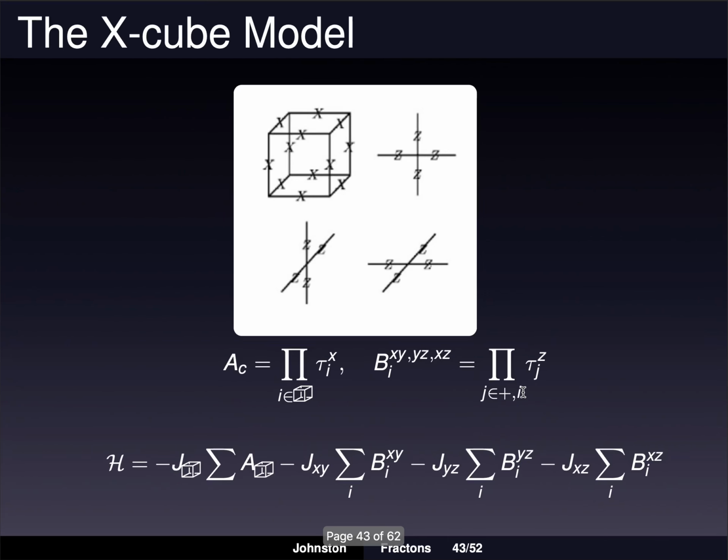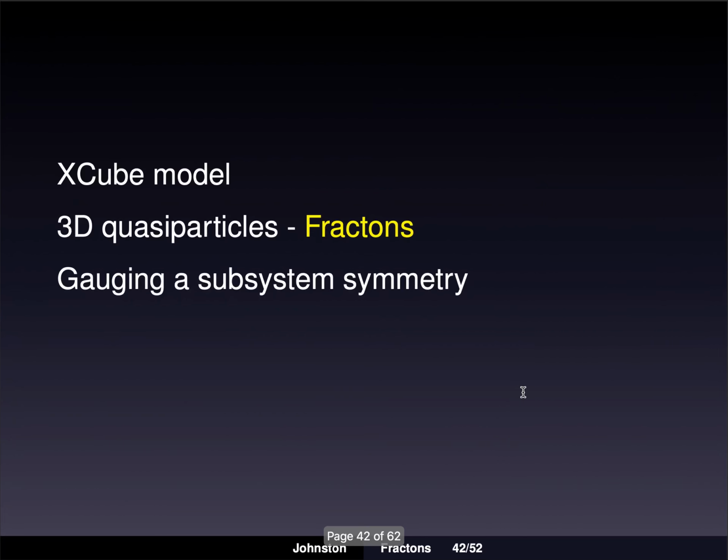In particular, the fractons are quasi-particles with restricted mobility that don't move at all. If you've got a quasi-particle that can move along a line, it's a lineon. I didn't make these names up, so my apologies. If you have a quasi-particle that can only move along a plane in 3 dimensions, it's a planion.